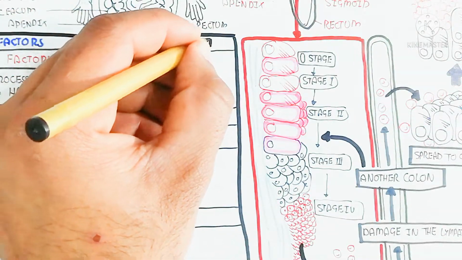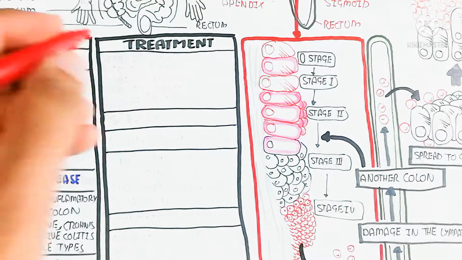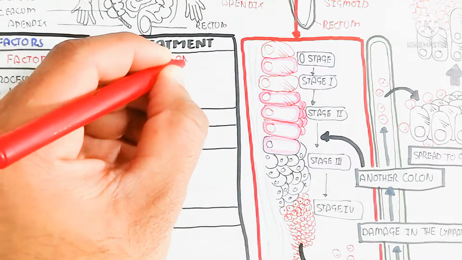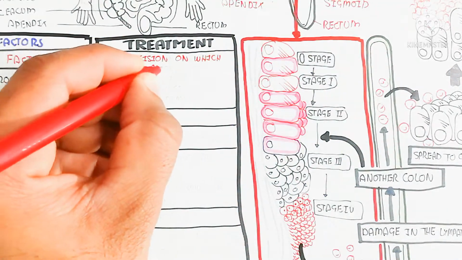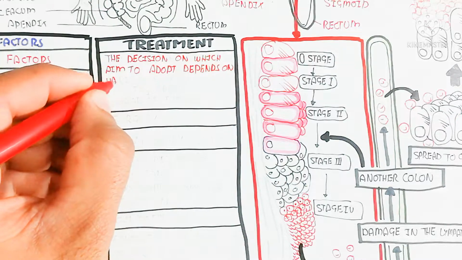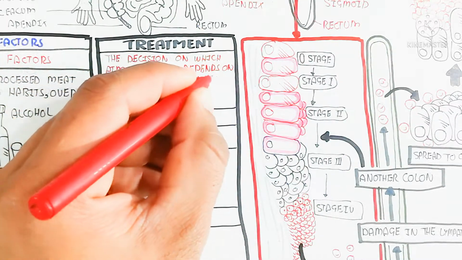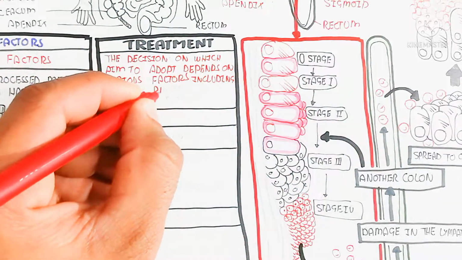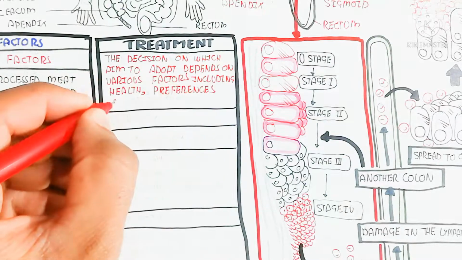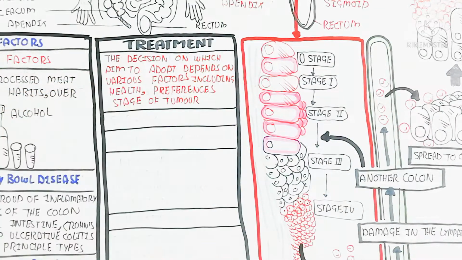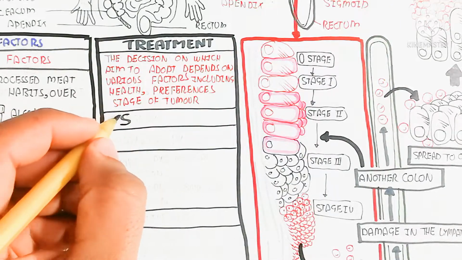What is the treatment? The decision on which to adopt depends on various factors including health, preference, stage of tumor, and surgery. Surgery can be done after the colonoscopy and biopsy, so it will recognize and check.